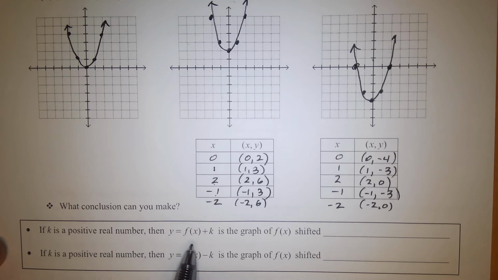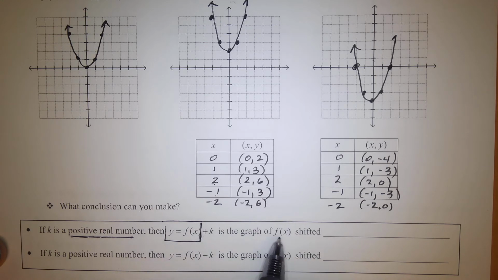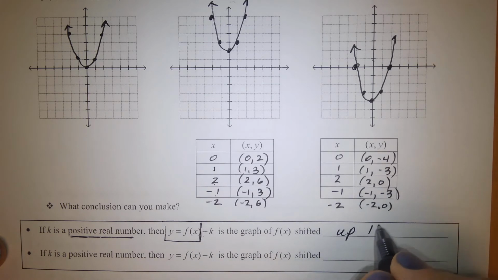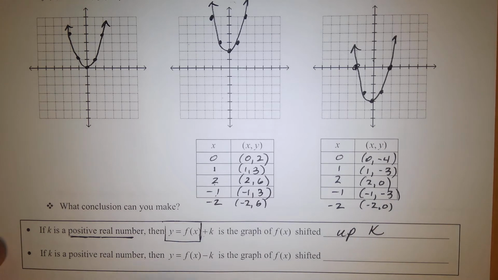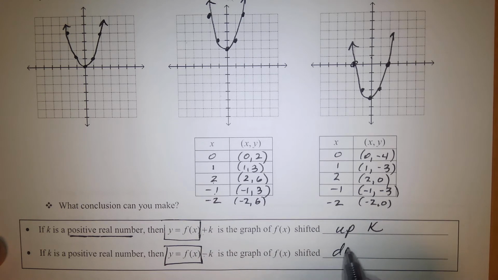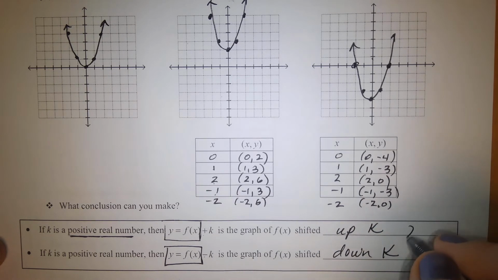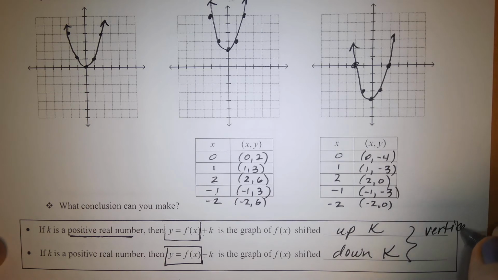If you add a positive real number k to any core function, outside of the function itself, you take the whole graph of f of x and shift it up k units. If you subtract that value from the original core function, then we shift it down k units. Both of these represent a vertical shift.